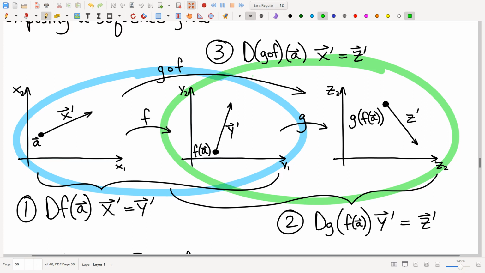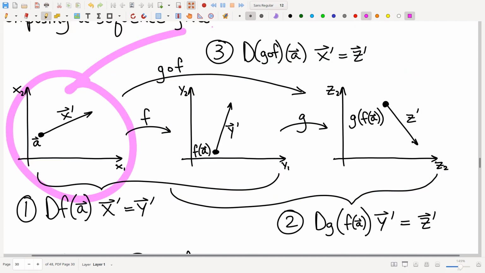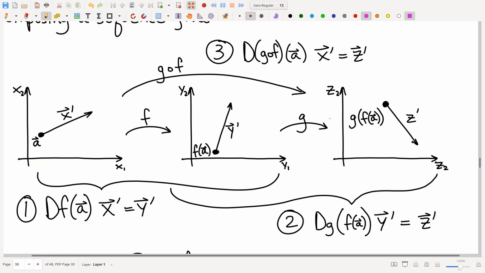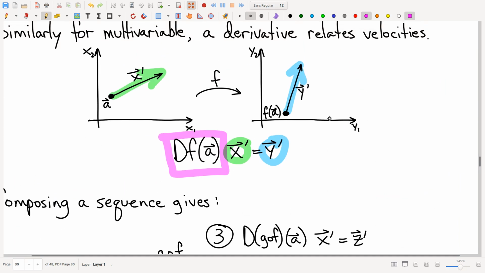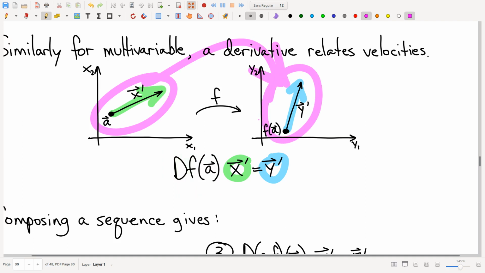And again, I can talk about their composition, which takes in the x's and does the whole two-step process, resulting in spitting out the z's. So again, three functions. And again, we can just write down exactly what the derivatives do, using this idea. Derivatives are factors. They're matrix factors that multiply by velocities to give other velocities. You might think of it as what you multiply by this to produce that. That's what a derivative is.